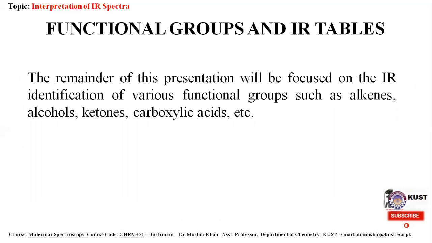I have explained the fingerprint region, and I explained the spectra in absorption mode and transmission mode. The remainder of this presentation will focus on the IR identification of different functional groups such as alkene, alcohol, ketone, carboxylic acid, etc.